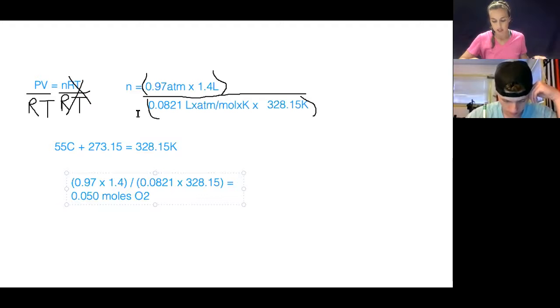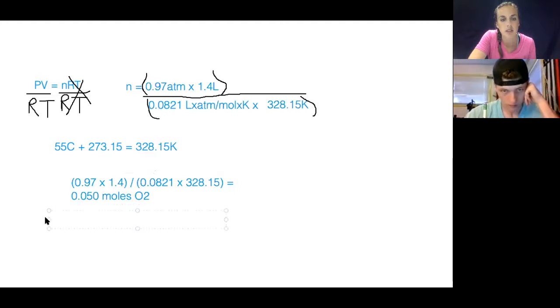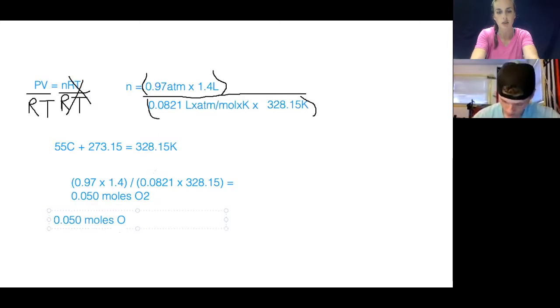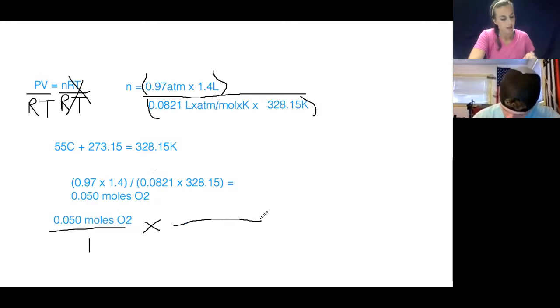Then I'm going to use stoichiometry. So I'm going to go, my given value of moles, 0.050 moles of O2 over 1.